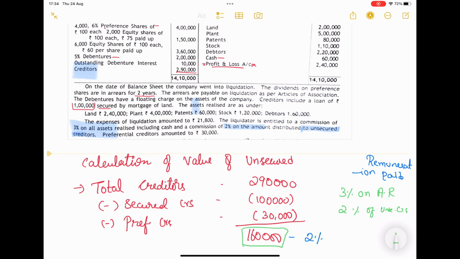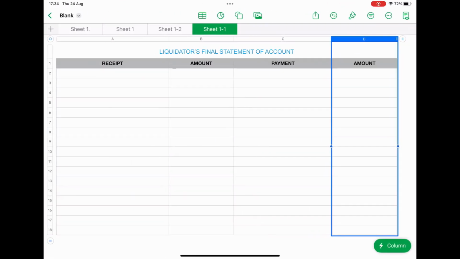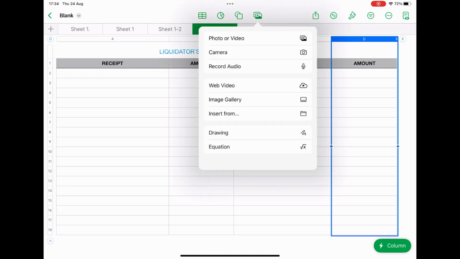This includes your preferential creditors even. We should not miss that. So 1,60,000 plus 30,000, on the total 1,90,000 you are going to pay 2%. Understood? This is a working note for the calculation of the value of unsecured creditors. I hope you understood the question now, so we'll move on to the solution.